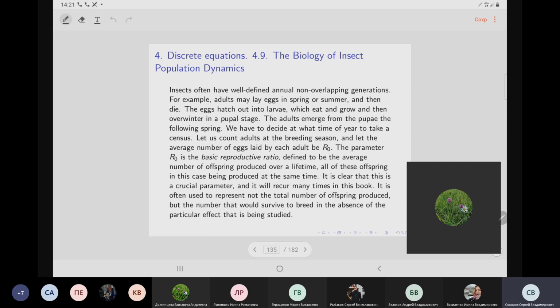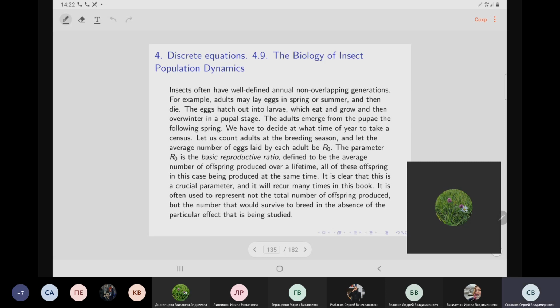Then there is a pupal stage in overwinter, and then the adults emerge from this pupal stage in spring. So we have to decide what time of the year we will take into account. For example, we can take into account the number of adults at the breeding season.